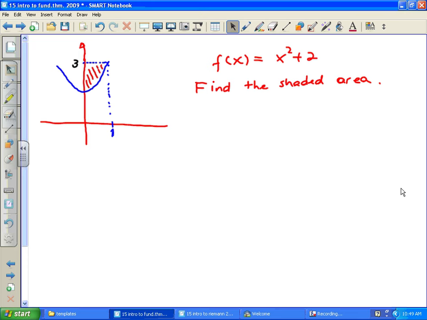Okay, so let's do just that. To find the area above the curve, first we're going to find the area under the curve. So I should go from 0 to 1 of the function x squared plus 2. Then we integrate, and then we plug in the values.